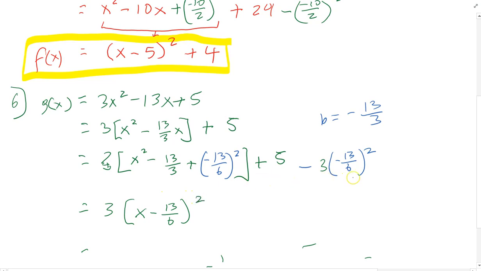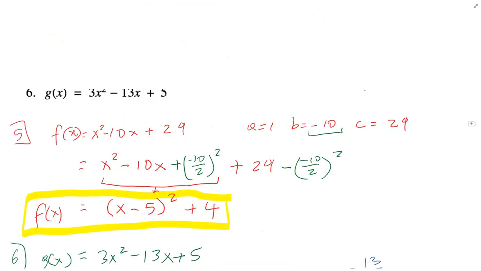And then this part will simplify to minus 109 over 12. And so that is your new g of x expressed in the form a(x minus h) all squared plus k. And that is our final answer.